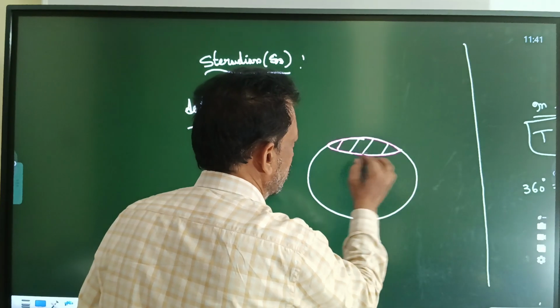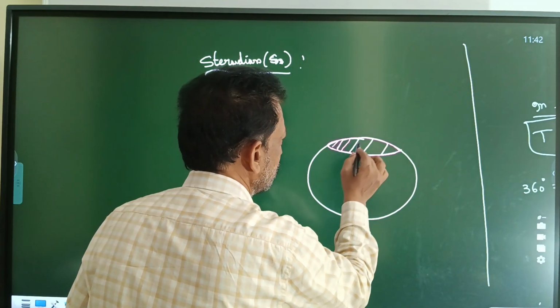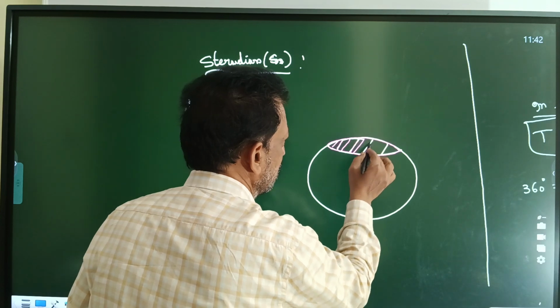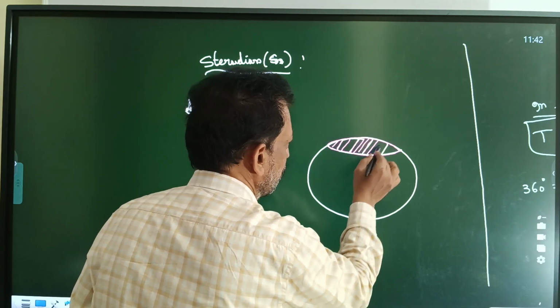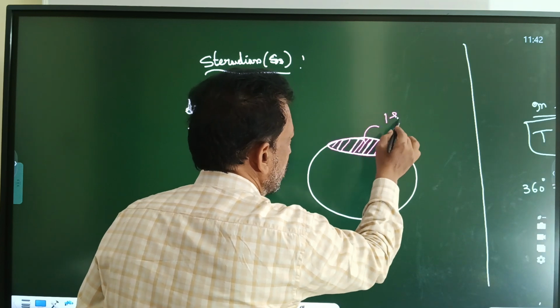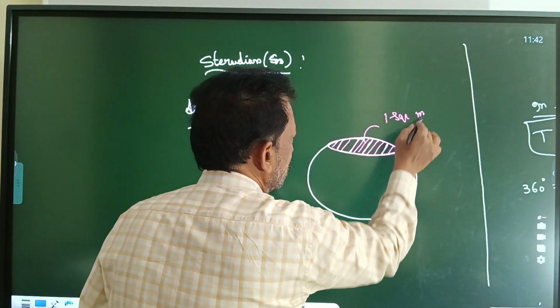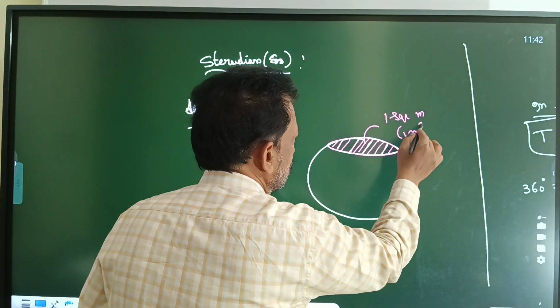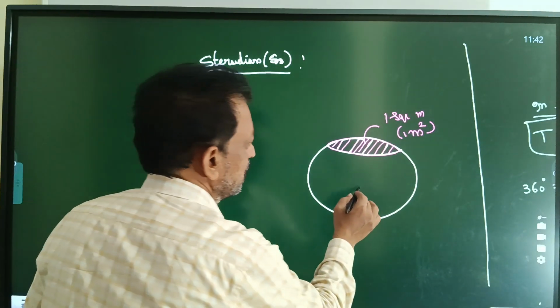Do you all understand? I cut 1 square meter area. This area is 1 meter square.